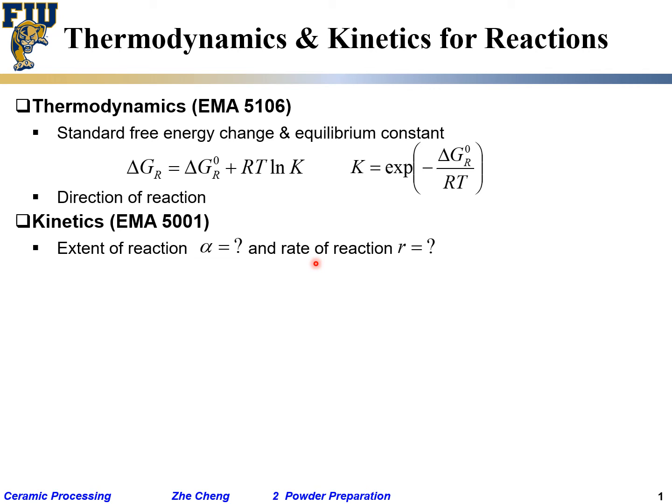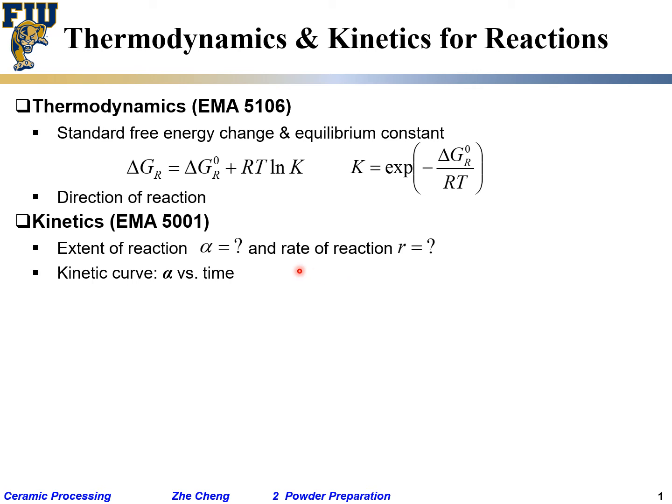You put a piece of aluminum in seawater, also doesn't really rust. Aluminum probably not as good, but you put a piece of titanium, I assure you, in seawater it doesn't rust. Which means the rate of reaction is what? Very slow. Okay, that's what will be concerned in the kinetics class.